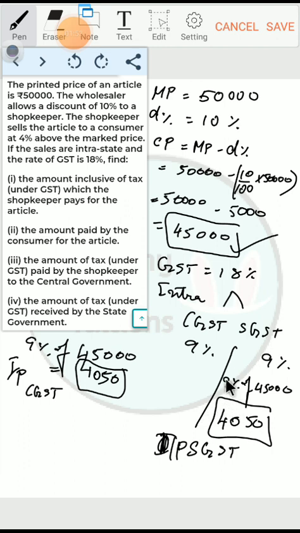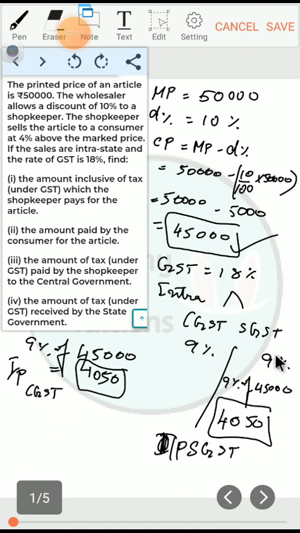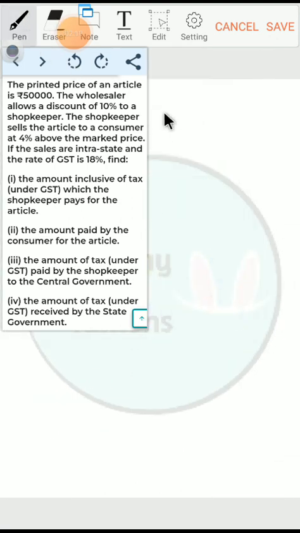Right. Here next, the shopkeeper sells the article to a consumer at a premium price of 4% above the marked price. The selling price of the article we need to find out. So selling price is equivalent to marked price plus premium.